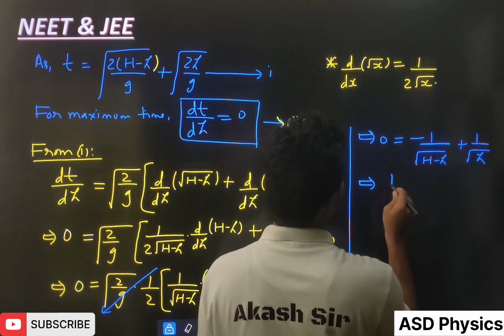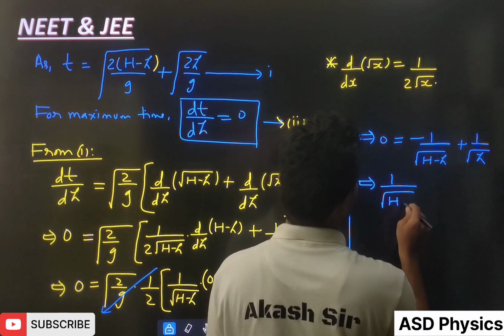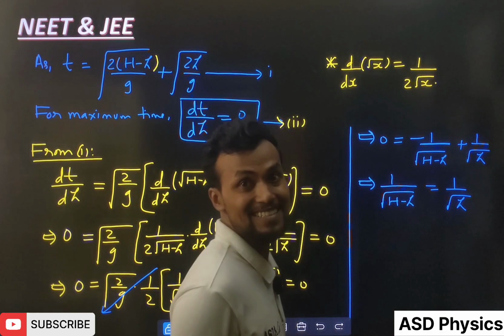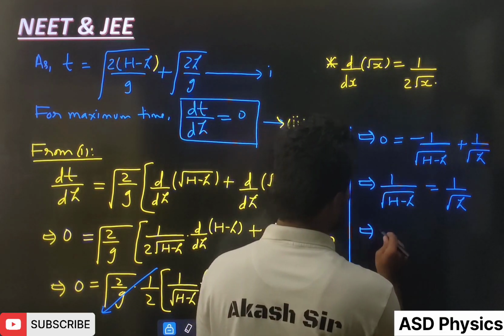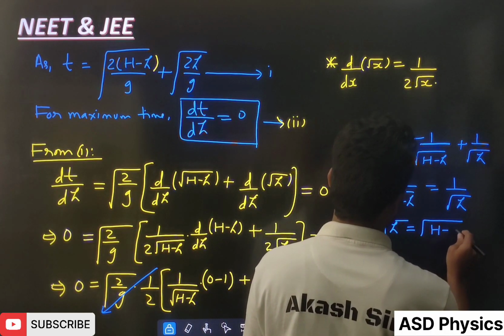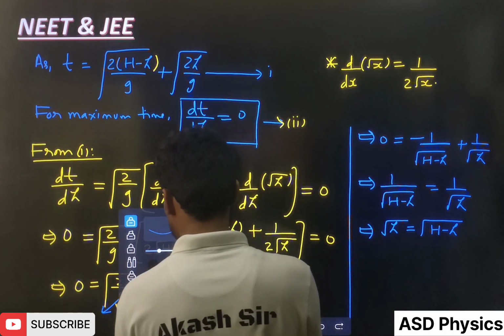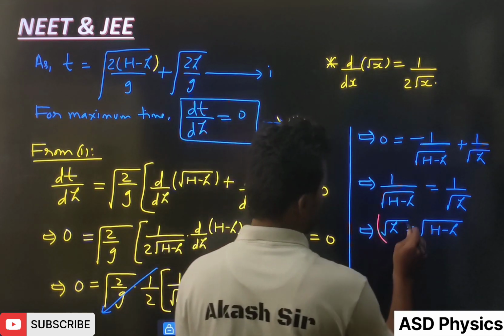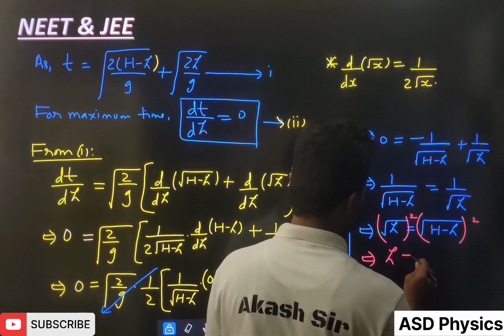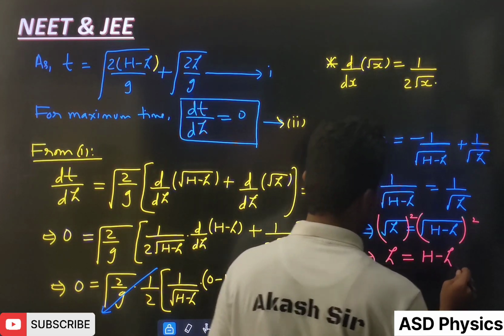So from here I can write 1 by root of (H minus h) is equal to 1 by root h. Just do the cross multiplication: root h is equal to root of (H minus h). After that, take the square on both sides, so h equals capital H minus h.